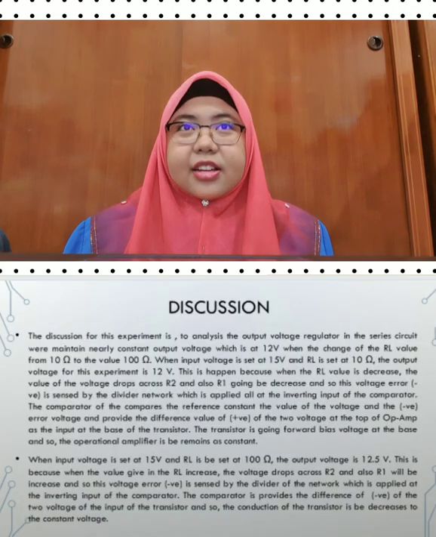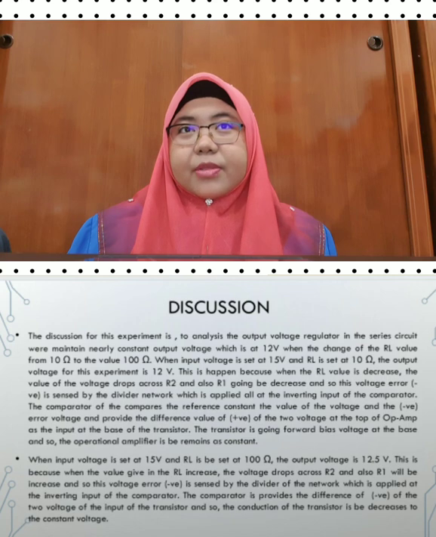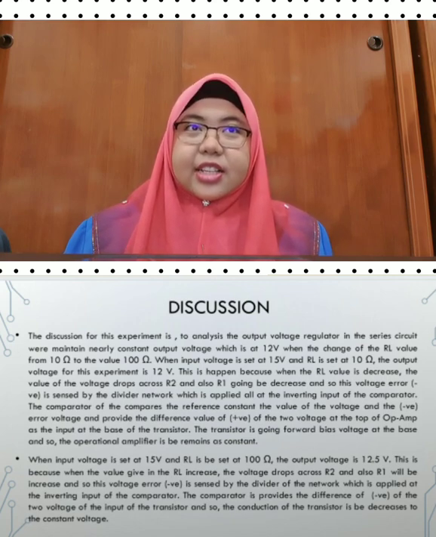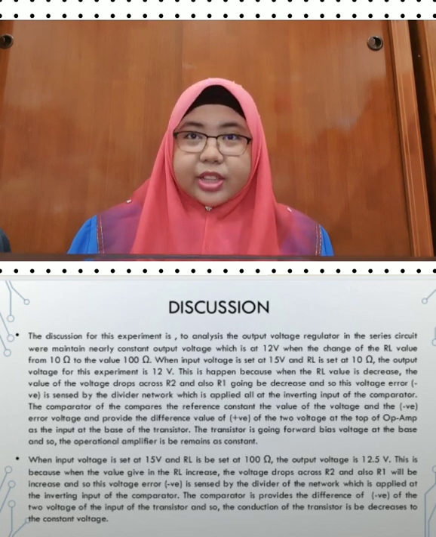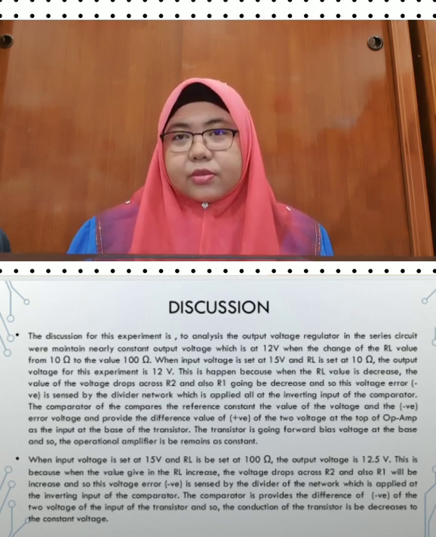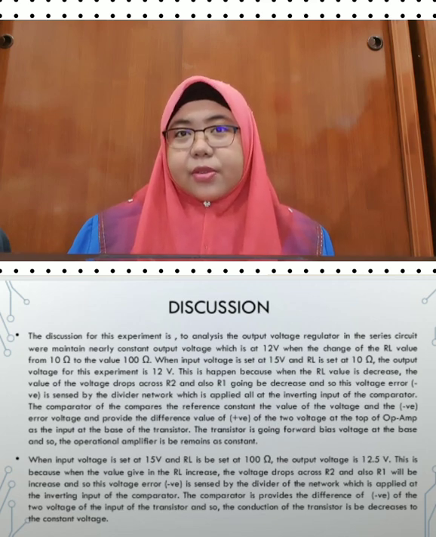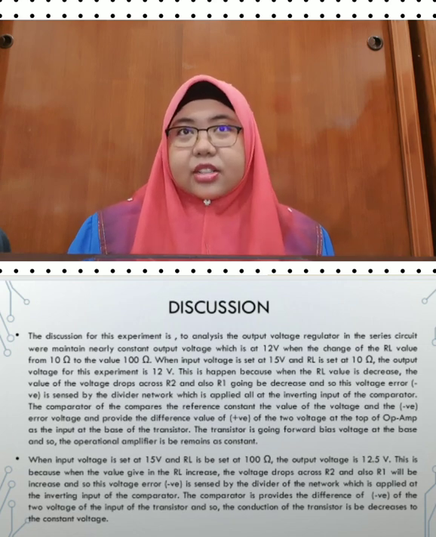Okay, the discussion for this experiment is to analyze the output voltage regulation in the series circuit, maintaining a nearly constant output voltage, which is at 12 volt, when the RL value changes from 10 ohm to 100 ohm.